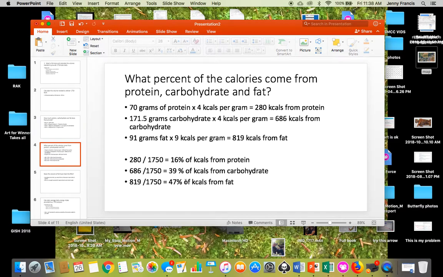For my example, I'm using a formula that is 2 calories per milliliter. That's a calorically dense formula. That is saying this is a patient who needs a lot of calories delivered in a small volume. So obviously, in order to sort of pack that formula with calories, the fat needs to be increased.